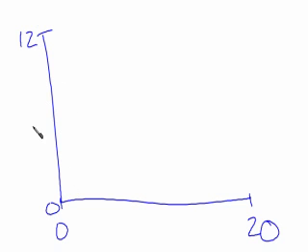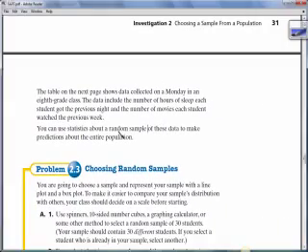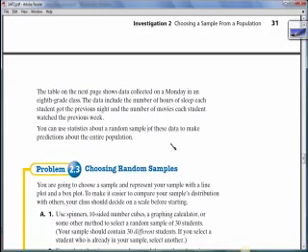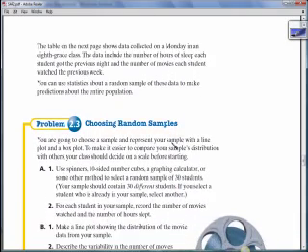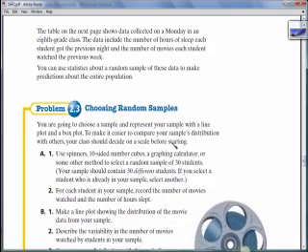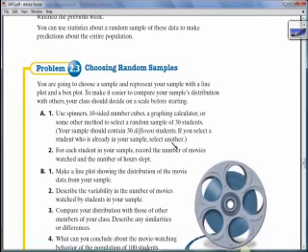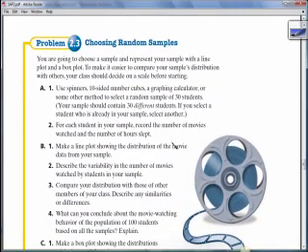Okay, this was supposed to be a 20. Good. All right, so question A, you're going to choose a random sample to represent your sample with a box plot or a line plot and a scatter plot. And we've chosen our scale, so let's get to question A1. We're not going to use our spinner, we're going to use our graphing calculator.